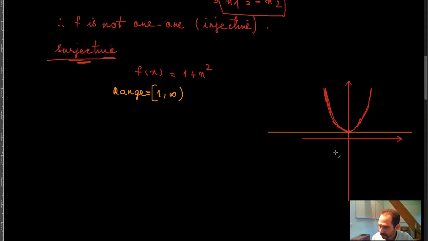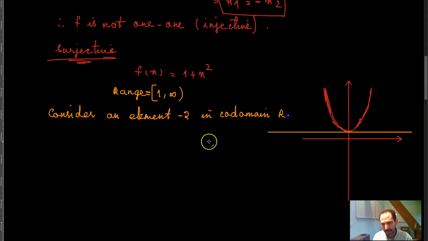For example, you could pick any element over here, for example, negative 2. So consider an element negative 2 in codomain R.